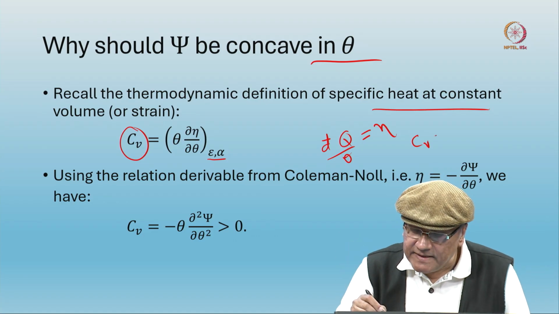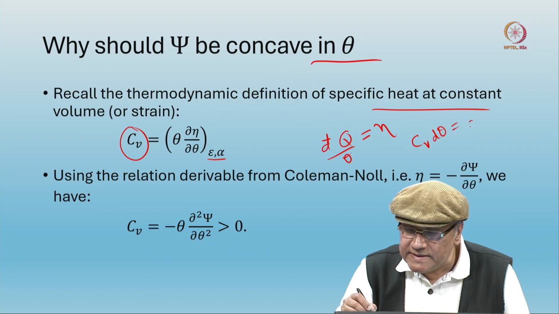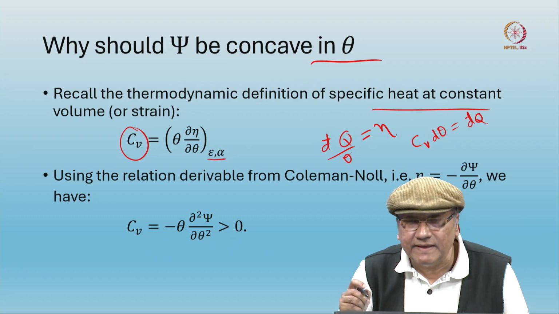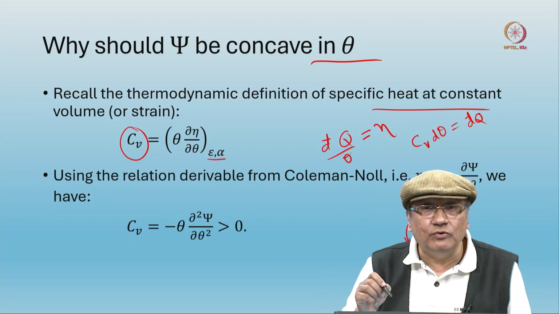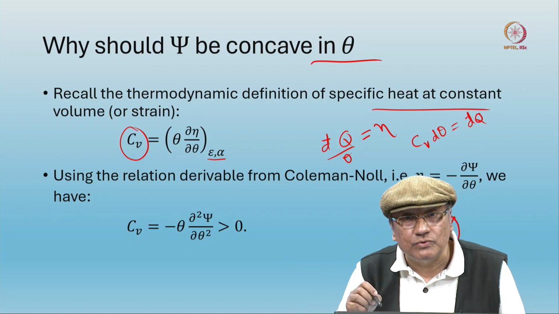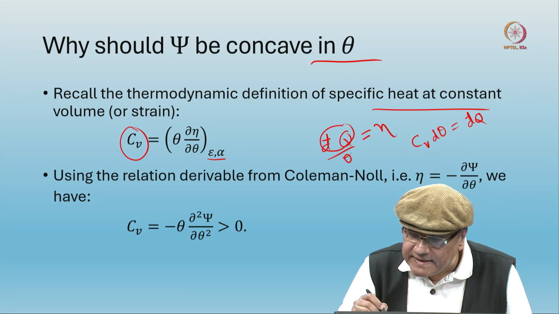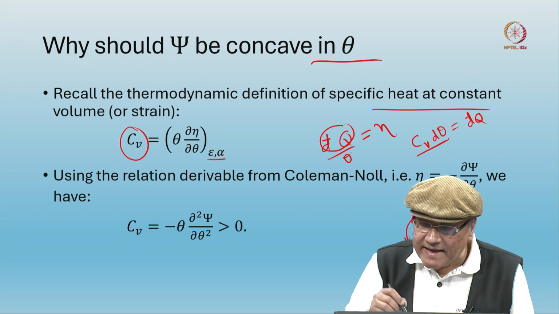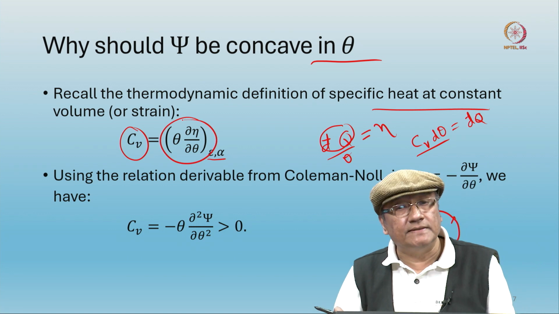That means CV d theta must be equal to this dq, locally, is it not. So, if you combine these two, you get exactly what I have written here, theta del eta by del theta.